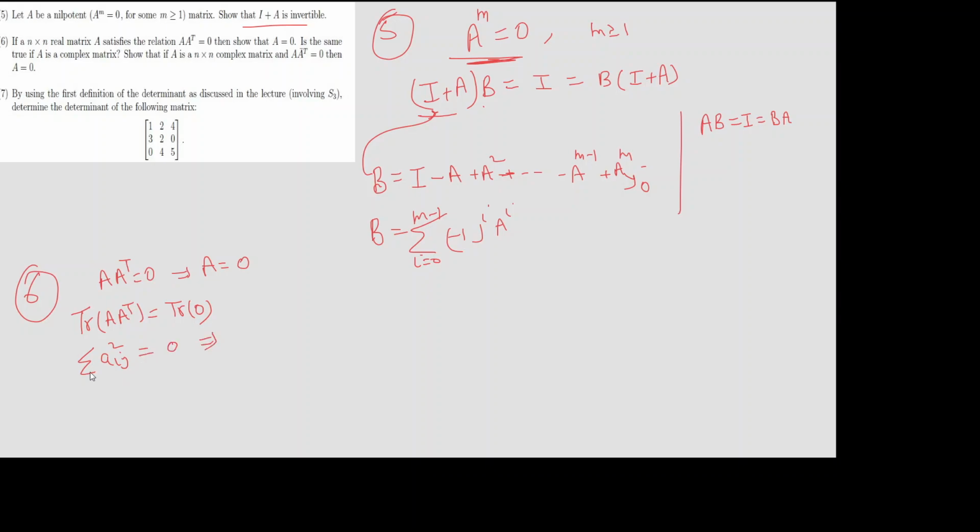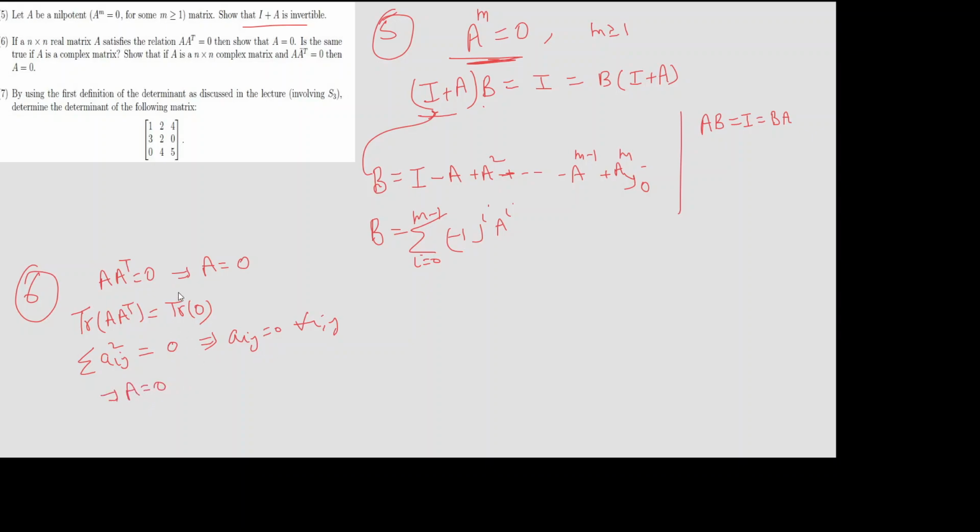If it is true, that means the sum of all the elements is basically 0. That means Aij is 0 for all i, j. That means all the entries are 0. That means A is a null matrix.